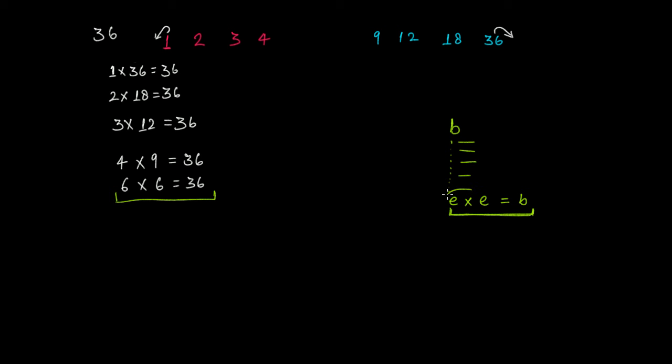Whenever you reach such a situation, just stop here, and you don't need to find any further factors. Like here you got 6 times 6, just stop here.